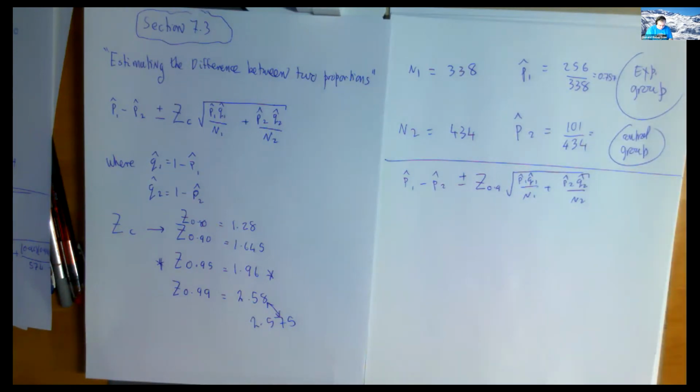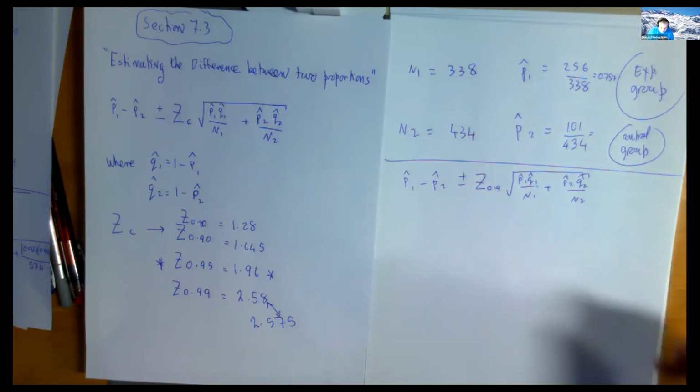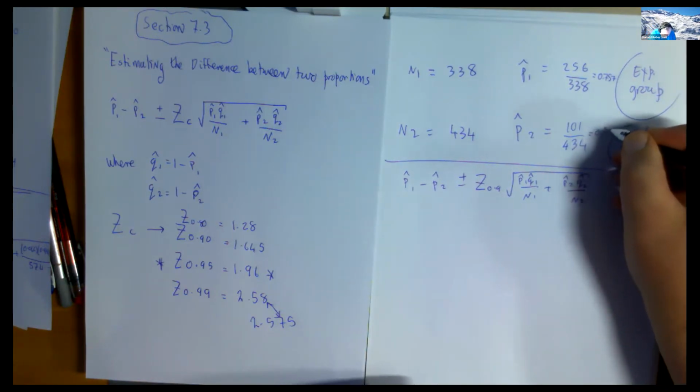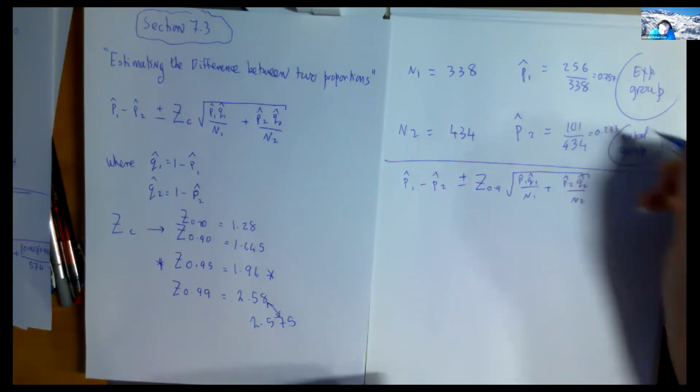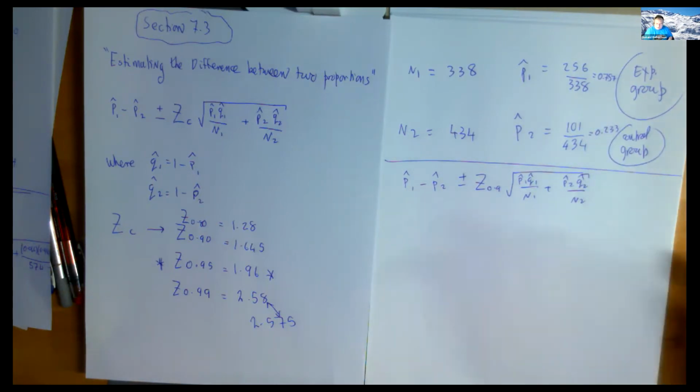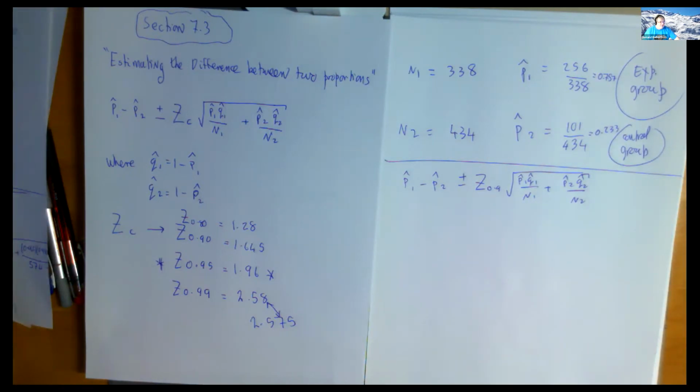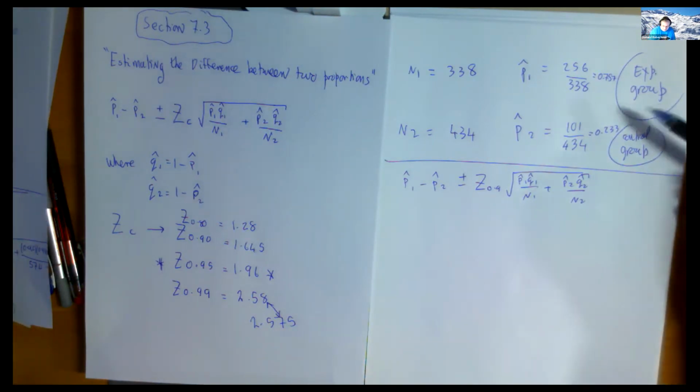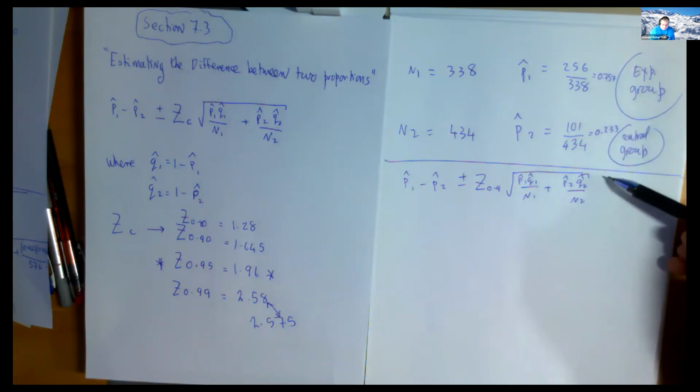And the other one is 101 divided by 434. And that looks like it's going to be 0.233. Superficially, would you agree that this new treatment is doing a better job at not leaving scars behind? Would you agree much higher success rate?